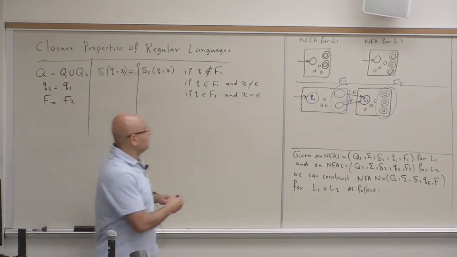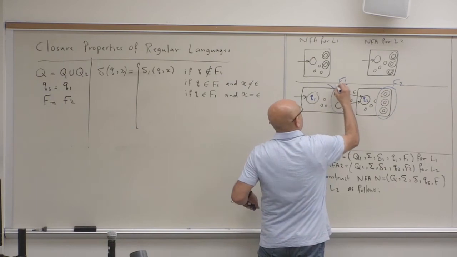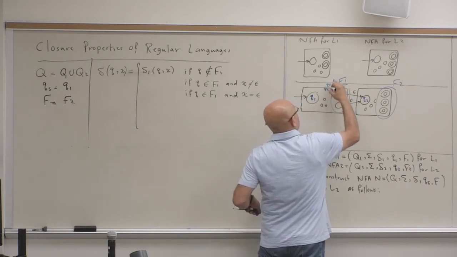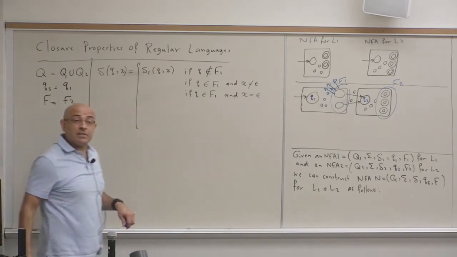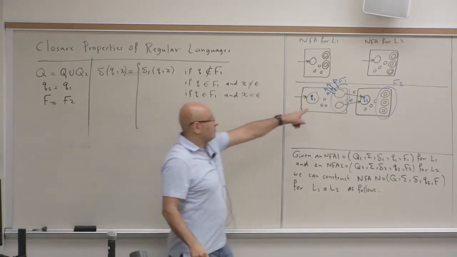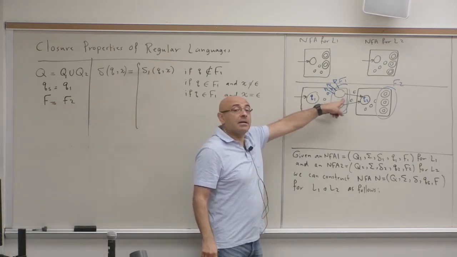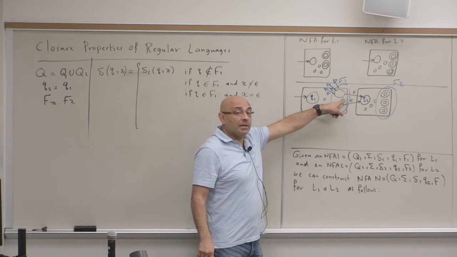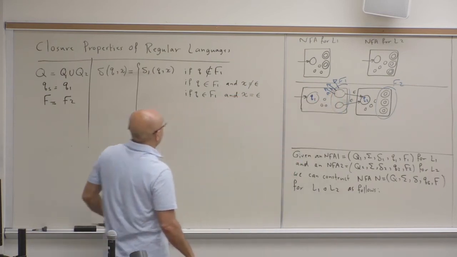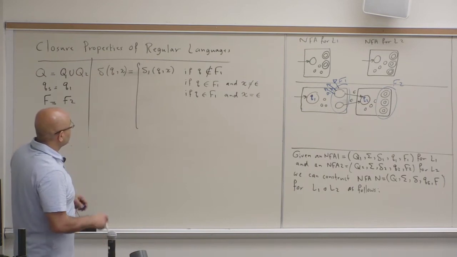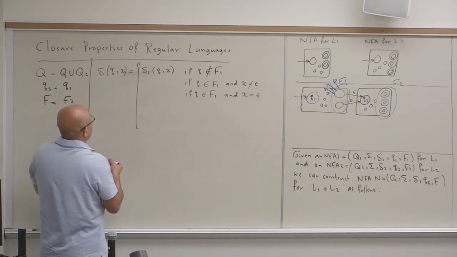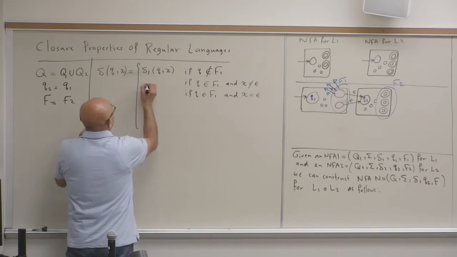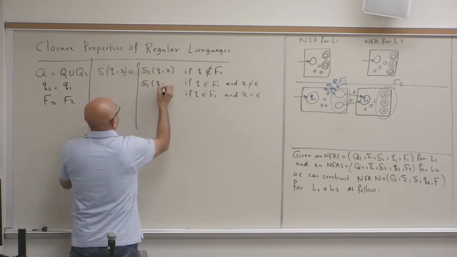In fact, I didn't, because this could have had transitions on A and B. I did not touch them. I added the epsilon transition, but I still kept the ones that were originally there. So if X is not epsilon, everything stays the same, delta 1 of Q and X.